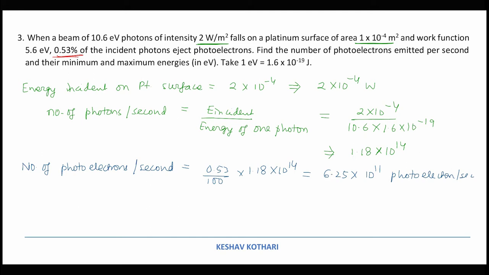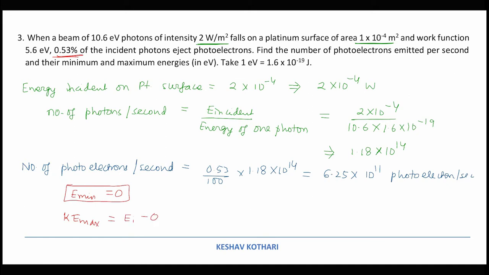So the minimum amount of energy which is possible in this case is going to be 0. Whenever the question is asking the minimum kinetic energy of the emitted photoelectron, then it is 0, and the maximum kinetic energy can be calculated as incident energy minus the work function.